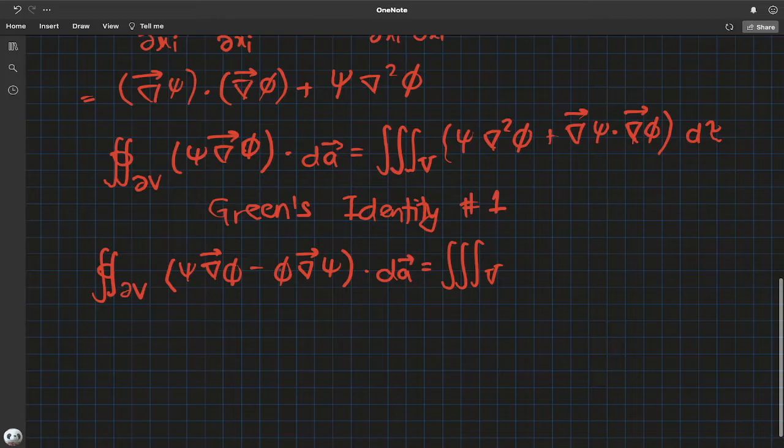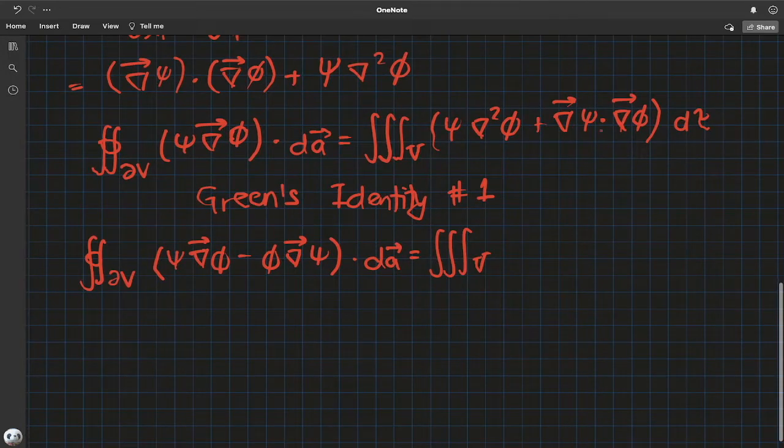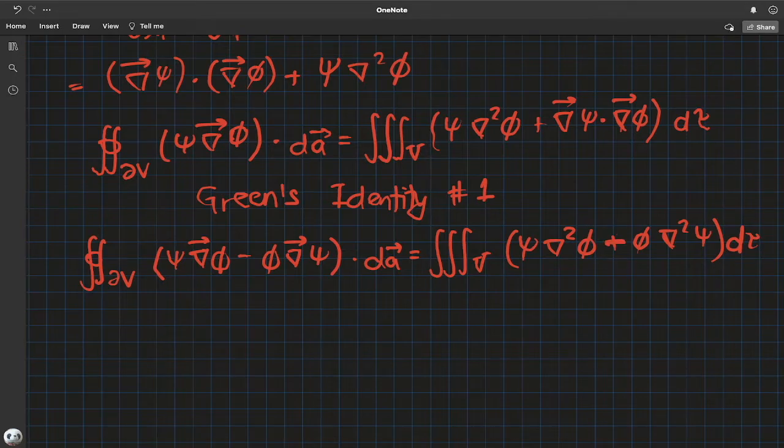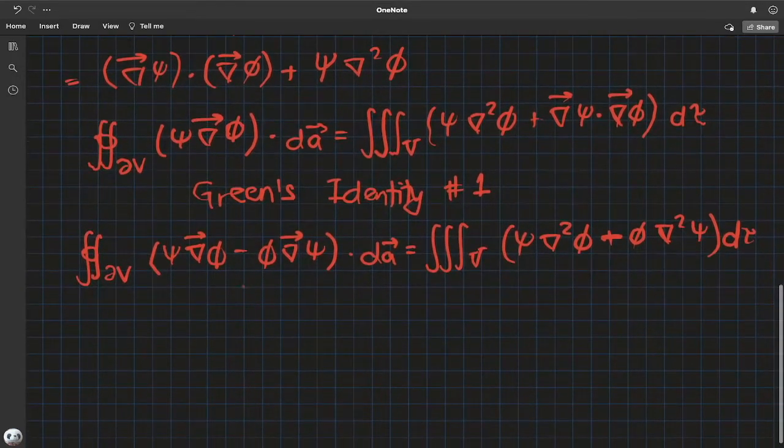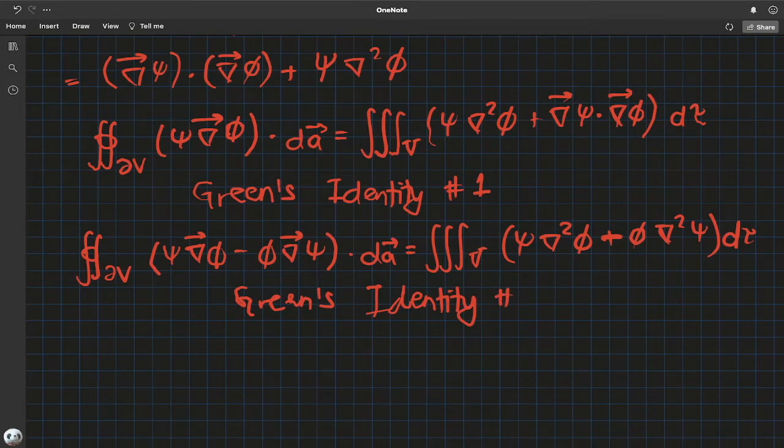Notice you just use a similar formula like in number 1, but then you don't have this cross term anymore because those cross terms will annihilate each other. So you just have psi Laplacian phi minus phi Laplacian psi d tau. Sorry, there's a minus here, my bad. And this is Green's identity number 2.